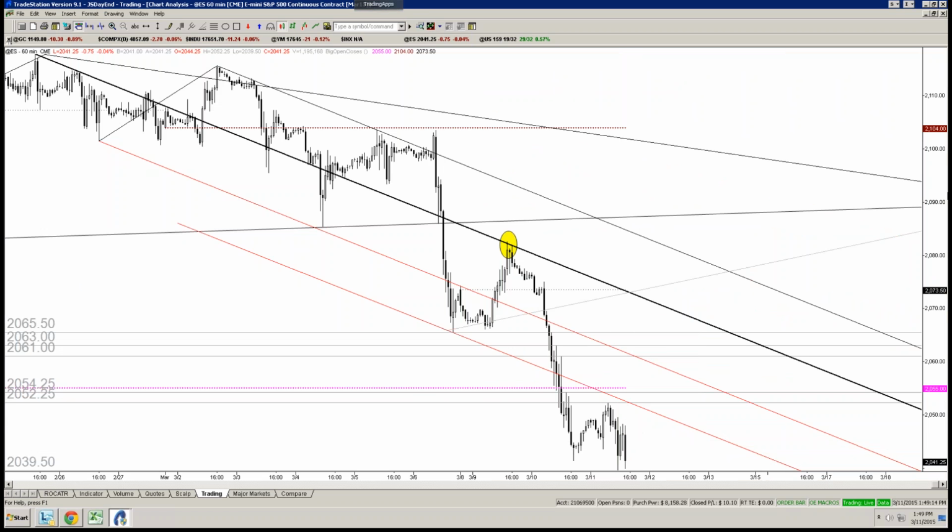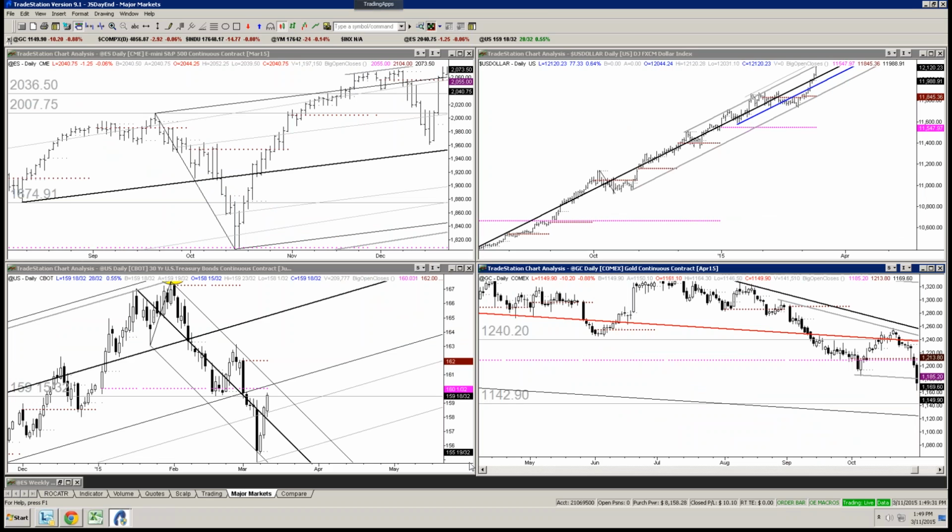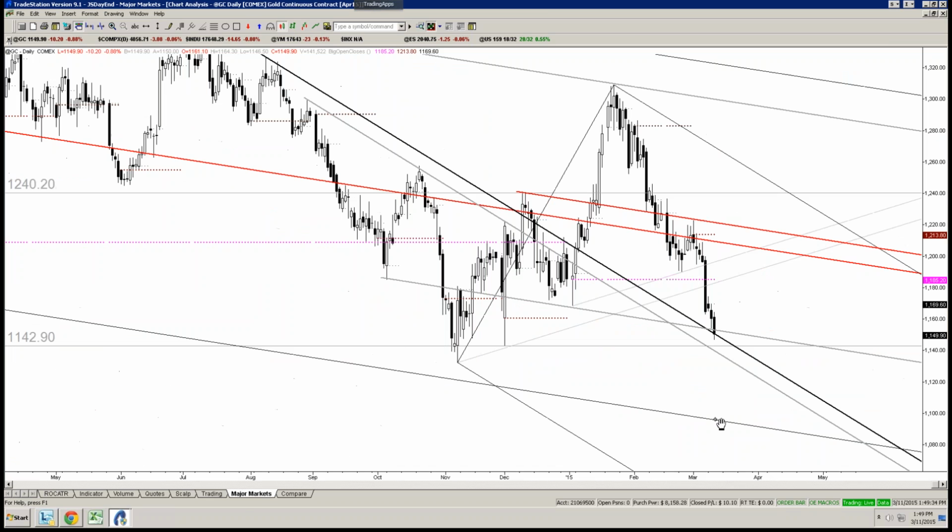What else did I want to look at? I'm going to show you some other stuff too. So 143.50, only 600 and something more pips until we get to support. What did I want to look at?